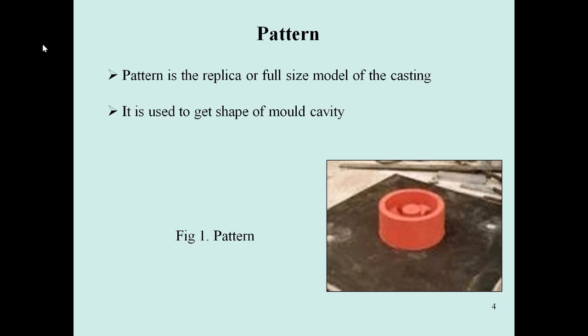Whatever the shape of the pattern, the same shape we will get as a casting. So it is used to get the shape of the mold cavity. Next, castings are made in this mold.